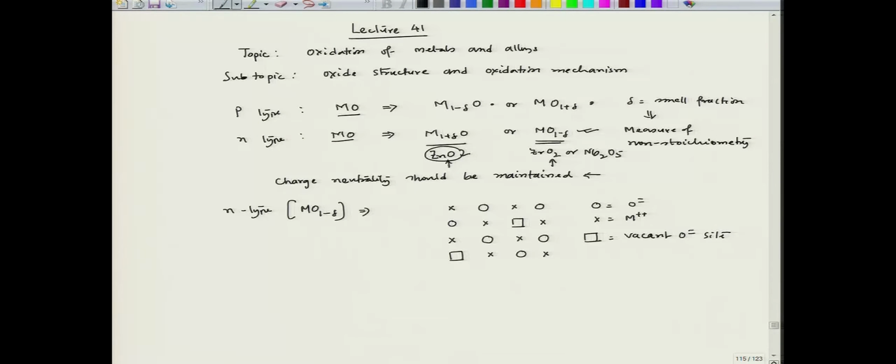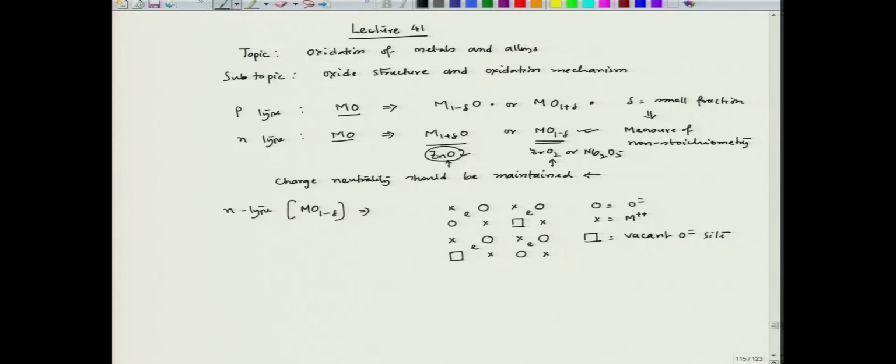We have to neutralize these 4 extra positive charges, so there will be electron generation. These electrons are the charge carriers, so it becomes N type. But here you have oxygen vacancies in the normal lattice sites, so the diffusion would be through the vacant anion sites.